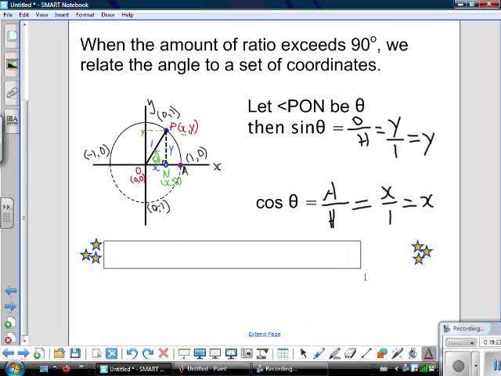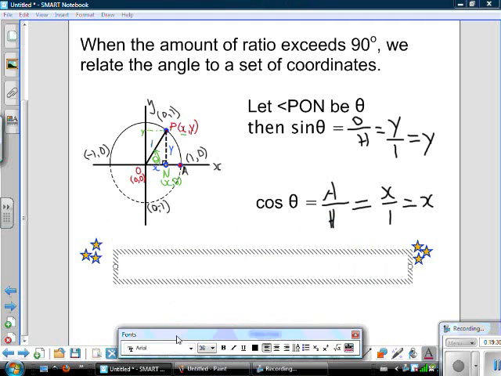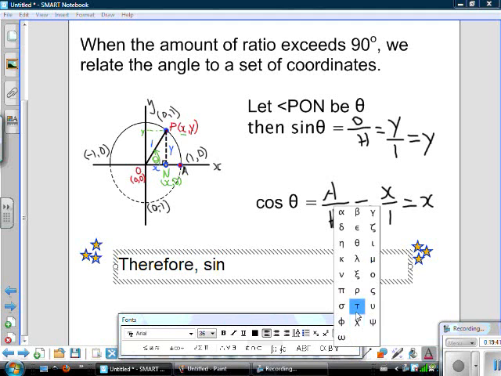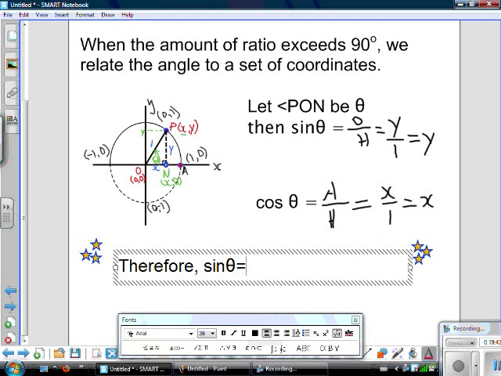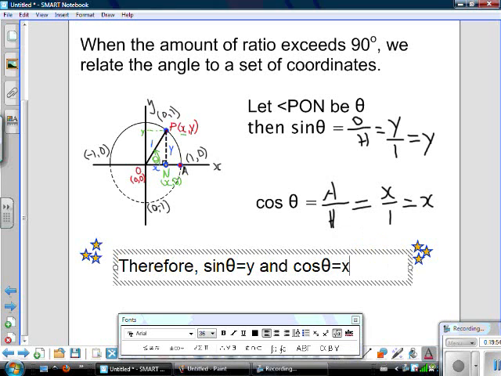So what we end up putting here is, therefore, sine theta equals y, and cos theta equals x.